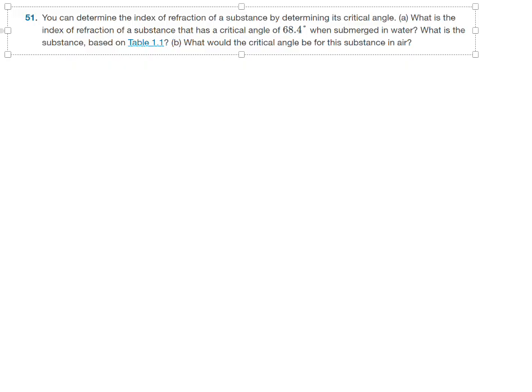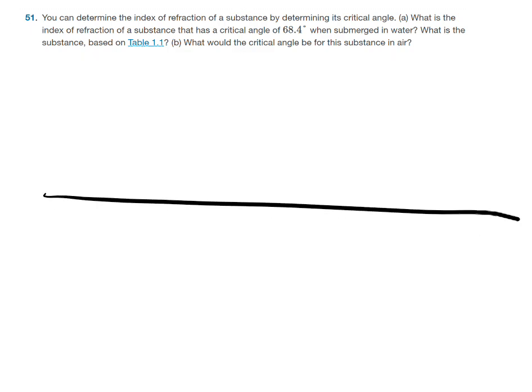When it comes to critical angles, this is essentially what we're looking at. So say I have a boundary, something like this, and we have one index here, and indices just refer to the speed of light and how it changes. So we have this index here and this index here.